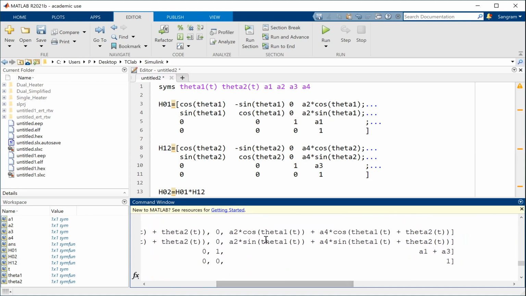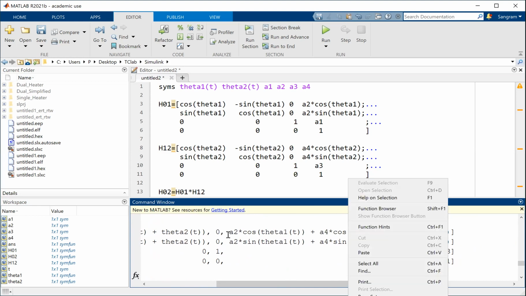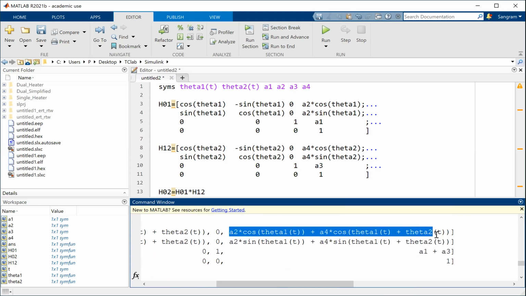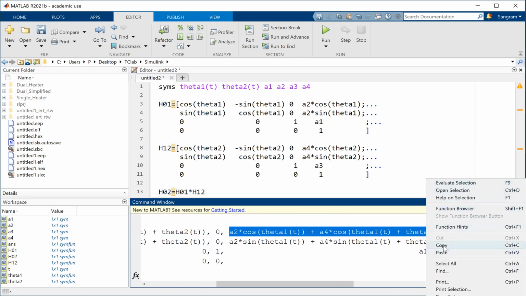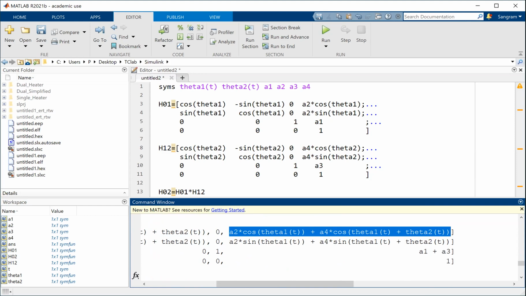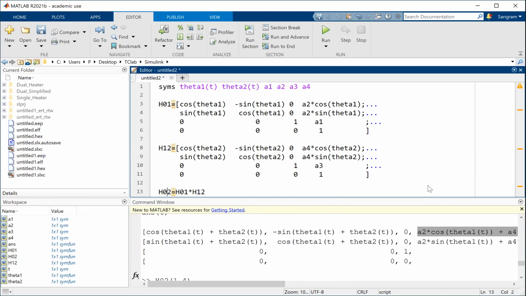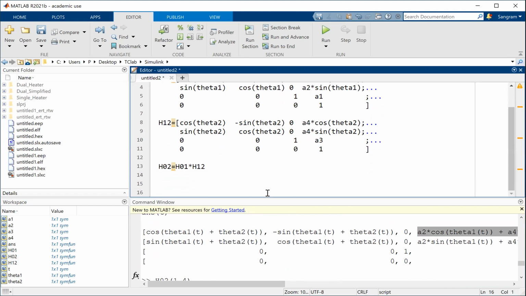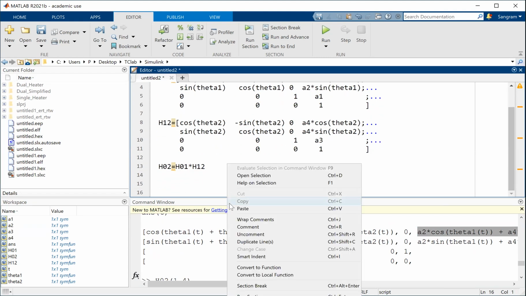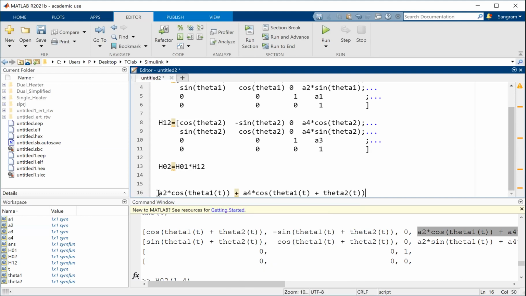So what you will do is basically grab this whole thing and use the command diff, and it will give you the velocity in x direction. So copy, and paste.